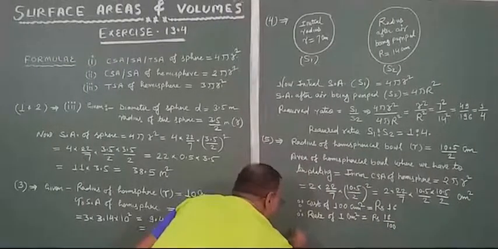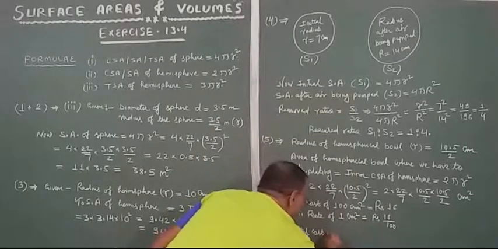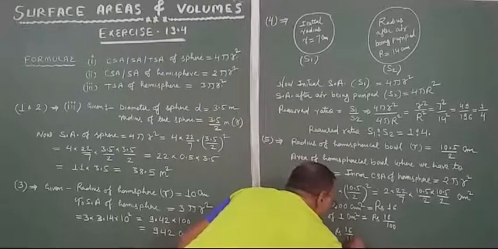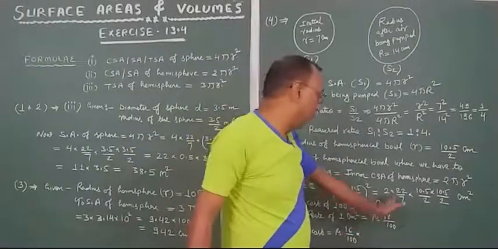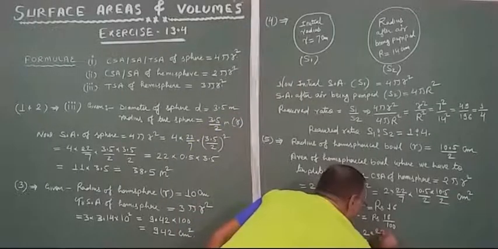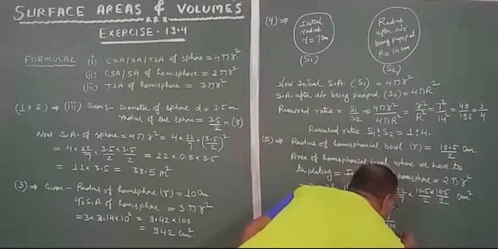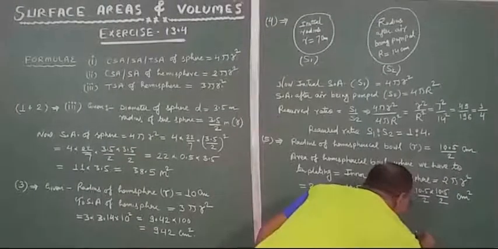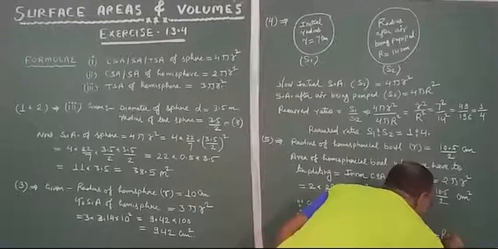Therefore, total cost will be rupees 16 upon 100 into the area where you have to do tin plating, 2 into 22 upon 7 into 10.5 upon 2 multiplied with 10.5 upon 2, and then you will get the answer in rupees.